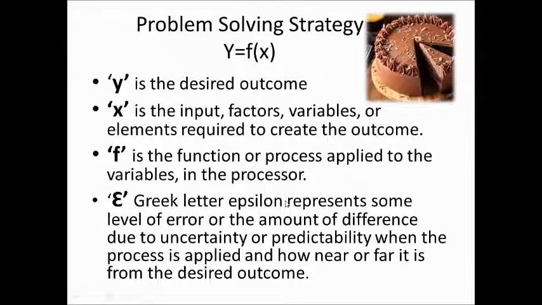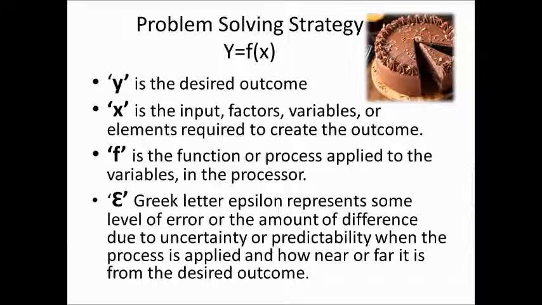Epsilon is a Greek letter representing some level of error, the amount of difference due to uncertainty when the process is applied. This time the temperature of the oven is a little bit higher, you left it a little bit longer, or you find one egg is not good, so you put one egg less in that cake.